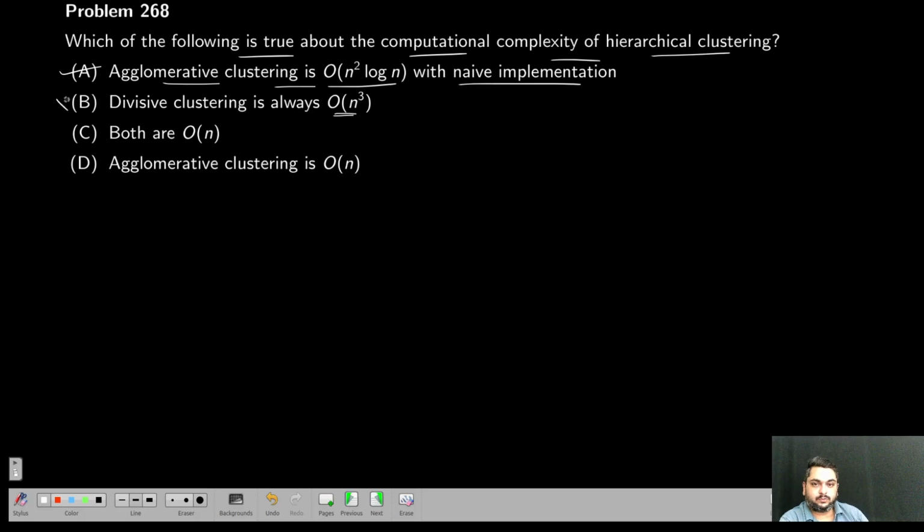No, this is not true. They are not order of n. So it is n square log n or can be n square. Agglomerative clustering can be n square or n square log n in the worst case. Divisive clustering is not always order of n cube; it can be n square log n with optimal implementation.